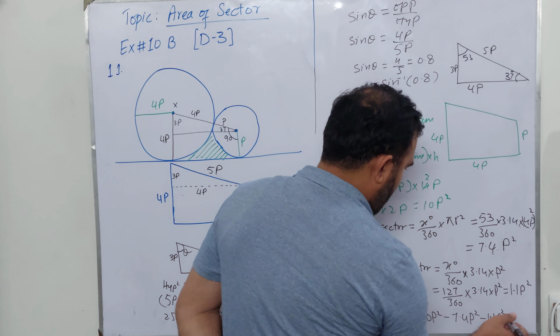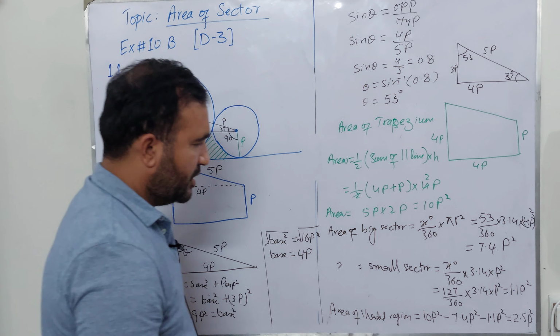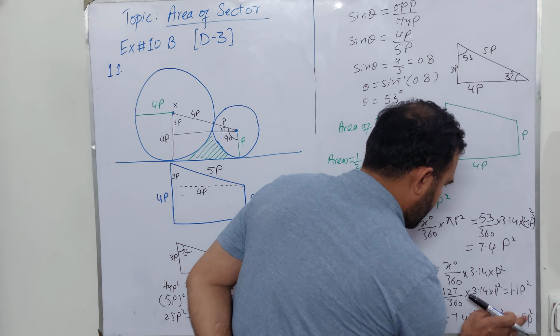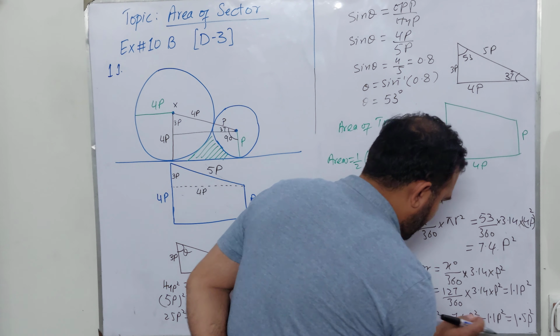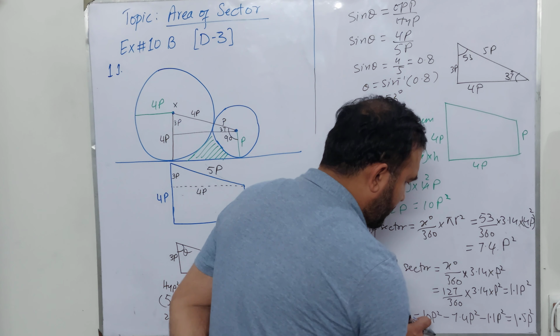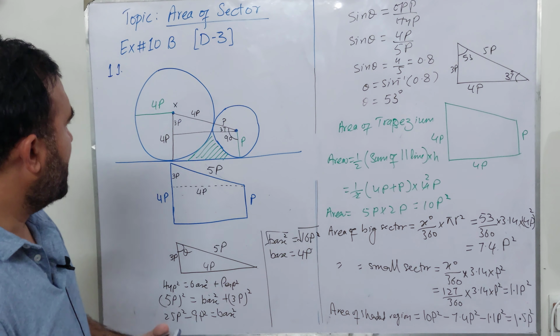So the remaining will be 2.5 p square. Okay, sorry, it will be 1.5. When you add these two, it will be 8.5. So 10p square minus 8.5 p square is equal to 1.5 p square. So that's how we can find it.